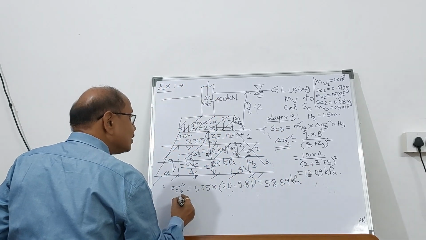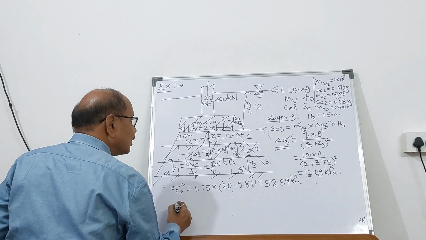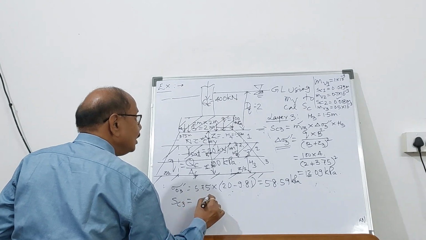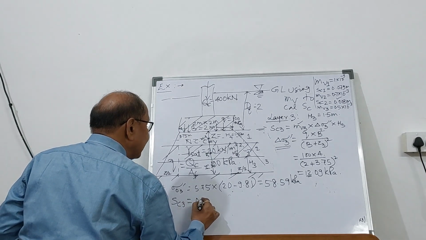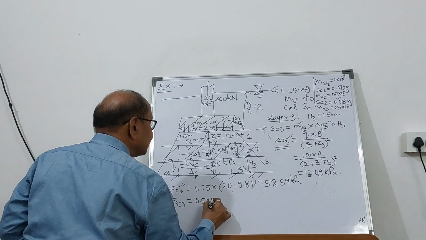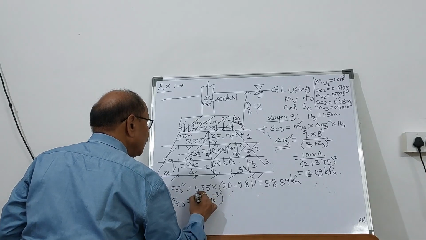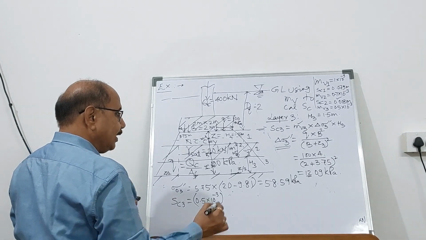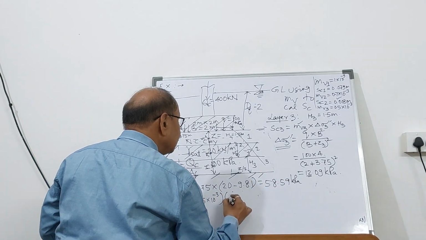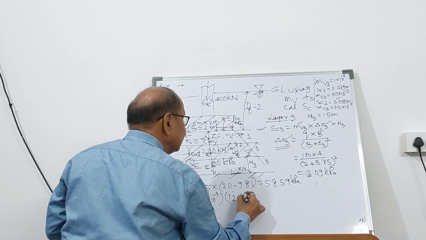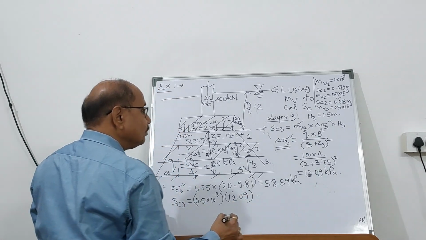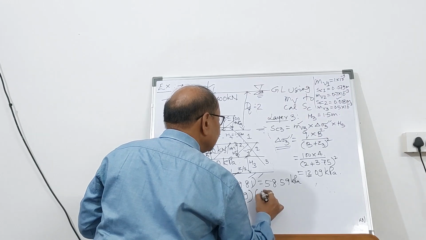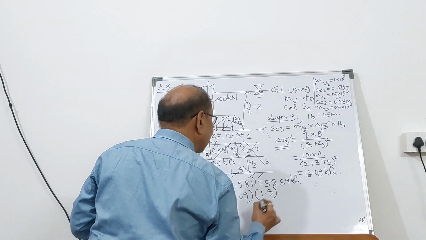And now MV3 is known to me. Therefore, I can calculate the consolidation settlement of the third layer now. MV3 is 0.5 into 10 raised to minus 3 multiplied by delta sigma 3, which is 12.09. That is the increase in pressure over the existing overburden pressure, into 1.5 meter.